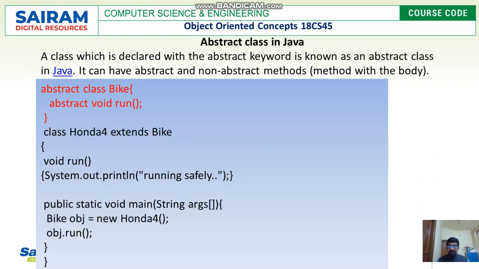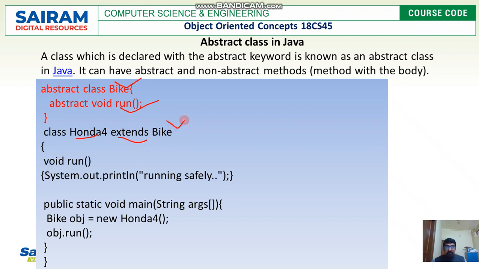Let us see a small example where we have taken an abstract class called Bike, and there is a method called run, and class Honda extends Bike. So Bike is an abstract class. This is not an interface.